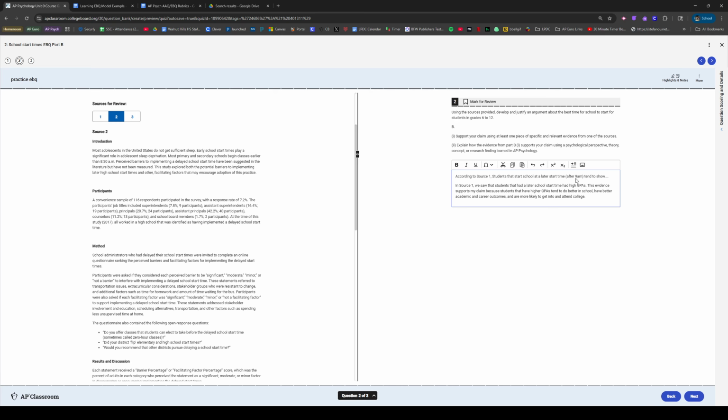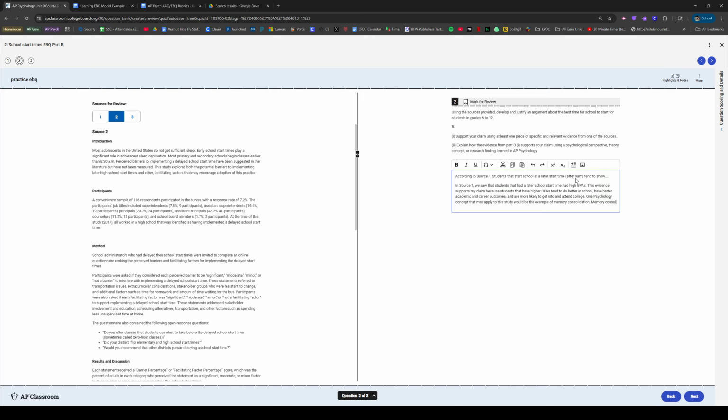The last part of Part B is to find a psych concept that we learned in class and apply it to the situation. One psychology concept that may apply to this study would be memory consolidation.